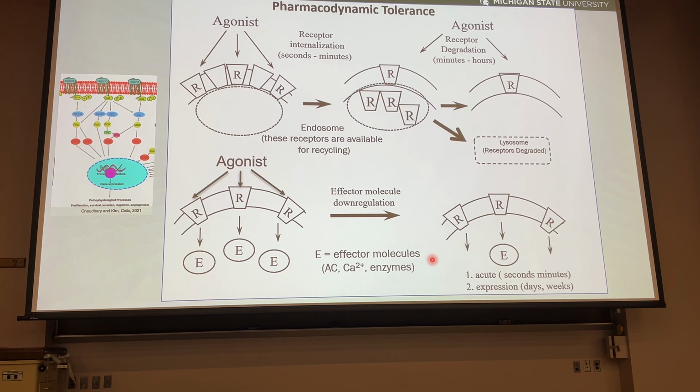So, remember that, please. Pharmacodynamic tolerance happens when you have internalization or downregulation of a receptor, or you have recycling or downregulation of effector proteins, okay? So same overall effect at the system, but we're either at the receptor level or the effector protein level, and you can either recycle or you degrade, okay?